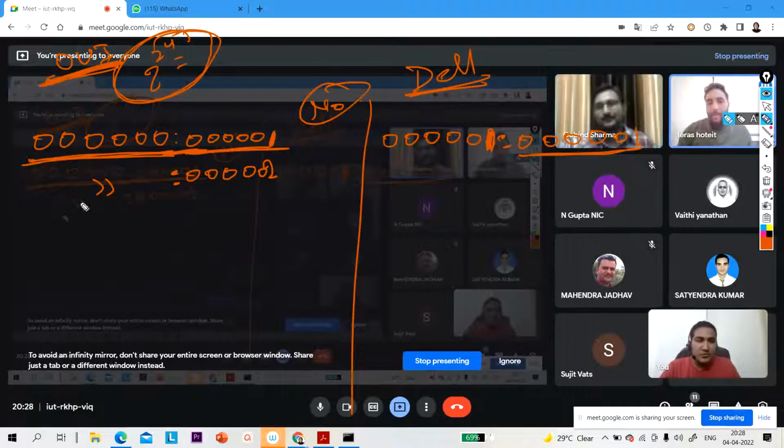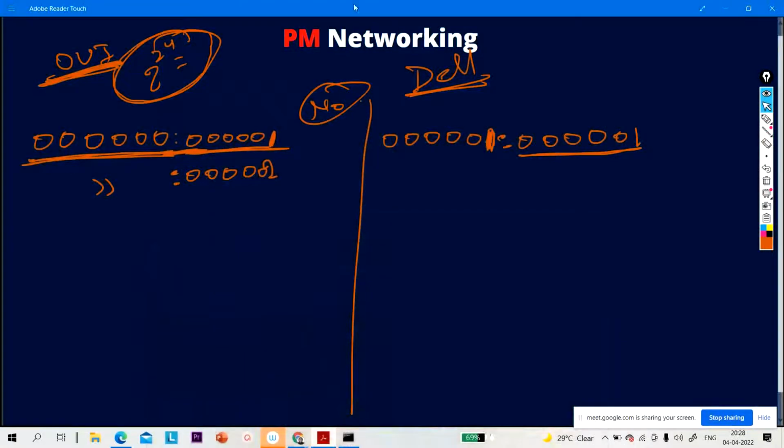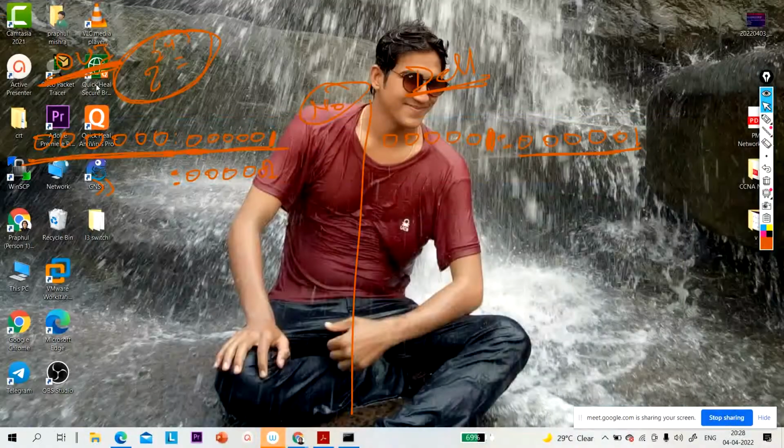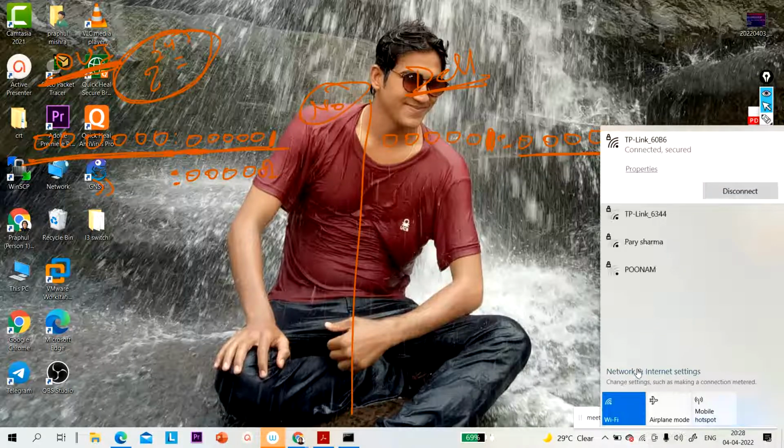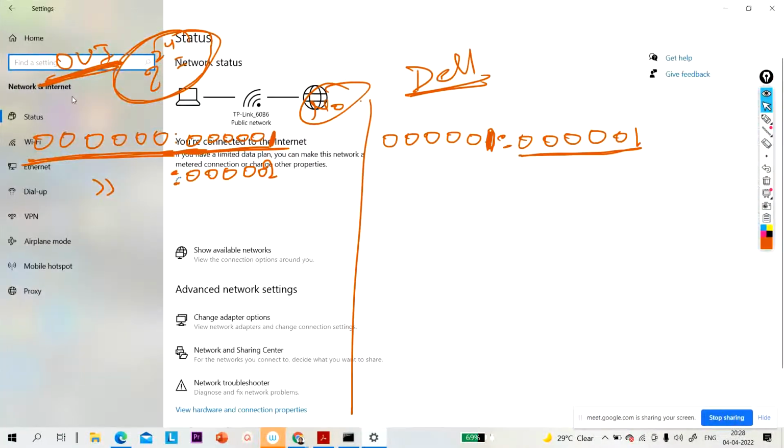Go to the adapter, or run the ipconfig command in your CMD. Or go to the adapter settings, status. Yes, you can see the MAC address. Right now I'm connecting via a wireless LAN adapter. No problem. See here, I can see C80 starting.